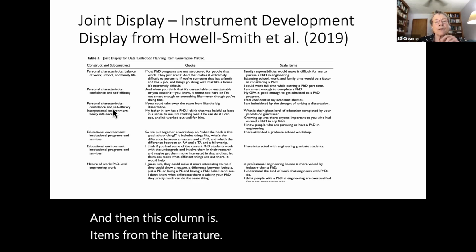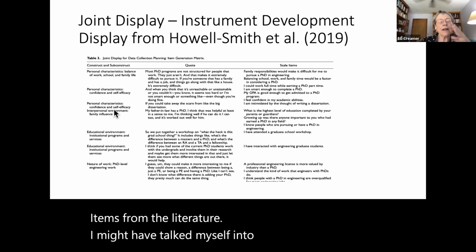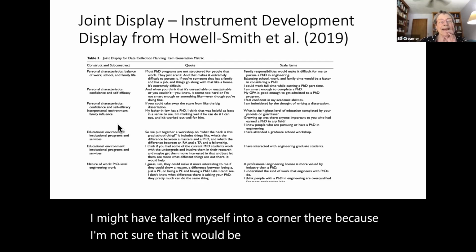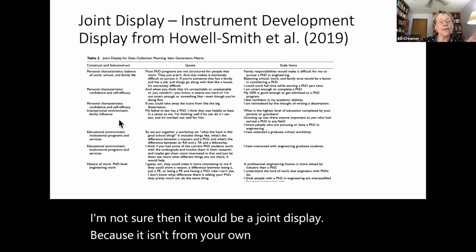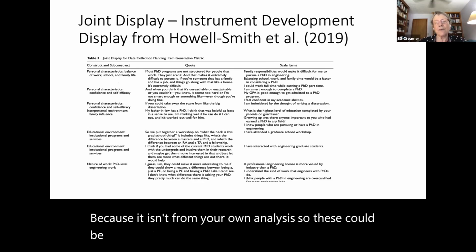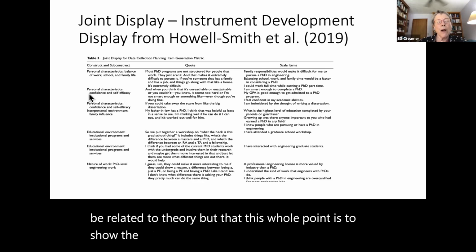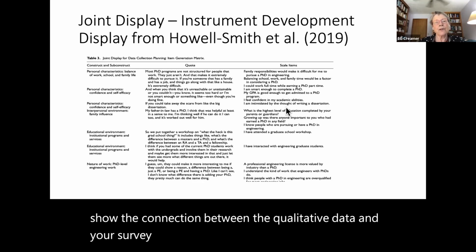I might have talked myself into a corner there because I'm not sure then it would be a joint display, because it isn't from your own analysis. So these could be related to theory, but the whole point is to show the connection between the qualitative data and your survey items. So this is a very widely used form of joint display.